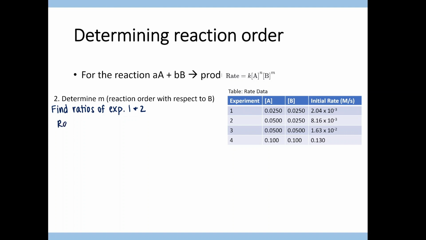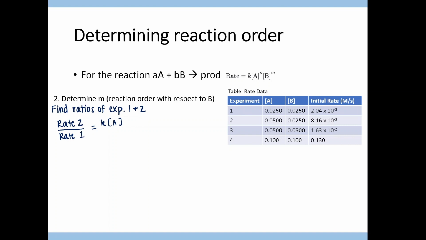We'll take the rate of 1 divided by the rate of 2, and that ratio will be equal to the equation, so rate constant times concentration of A at time... you know what, let's do 2 over 1. So rate 2 over 1, you could do it either way.